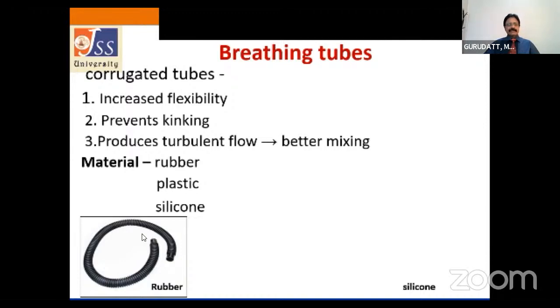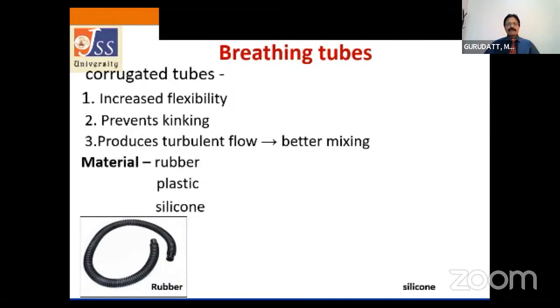The next thing is, the compliance of these tubes used to be very high. So because of this increased compliance, whenever IPPV is done, with a positive pressure they could distend more and could accommodate more gas inside, and the gas of the tidal volume that should have been going to the patient now gets inside the breathing tube just to distend these breathing tubes.